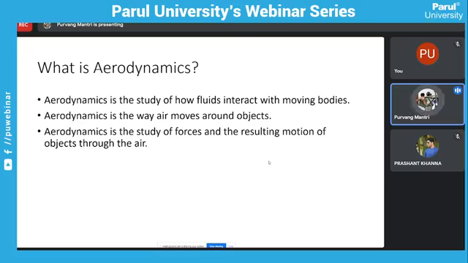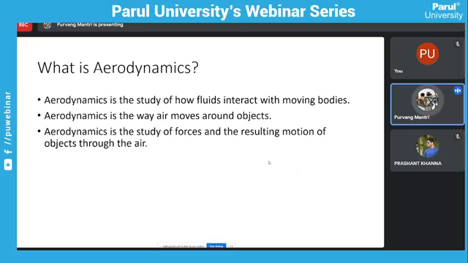In that, we study two different types of objects: one is an immersed object and the other is a submerged object. If we think about our vehicles, technically they are surrounded by fluid. An object being surrounded by fluid is known as a submerged object. So technically our vehicle is a submerged object, and the fluid surrounding it is air.